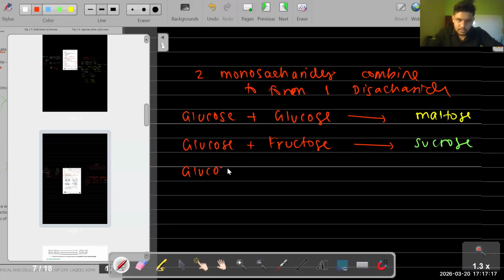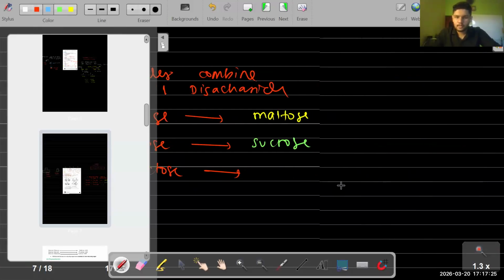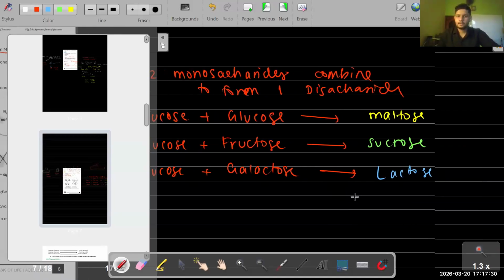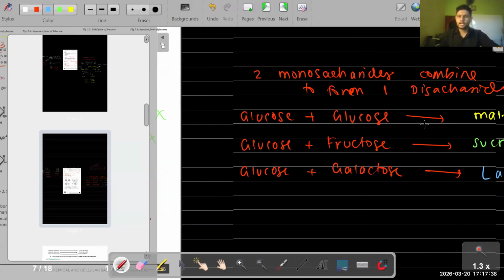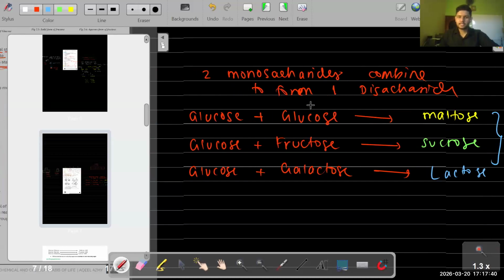When a glucose reacts with galactose, what does it form? It forms lactose. Now, these three are disaccharides, right? You can understand: two monosaccharides react to form a disaccharide.